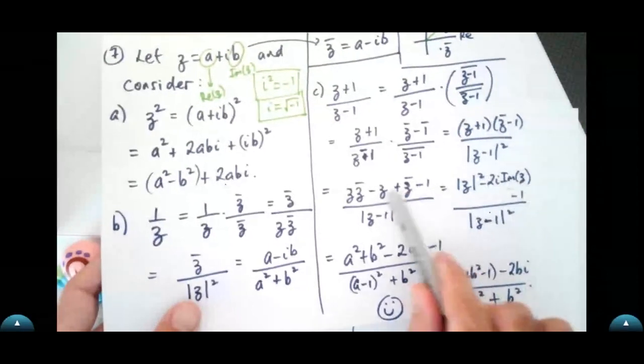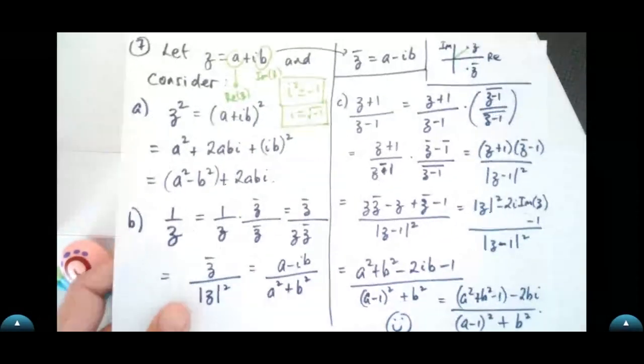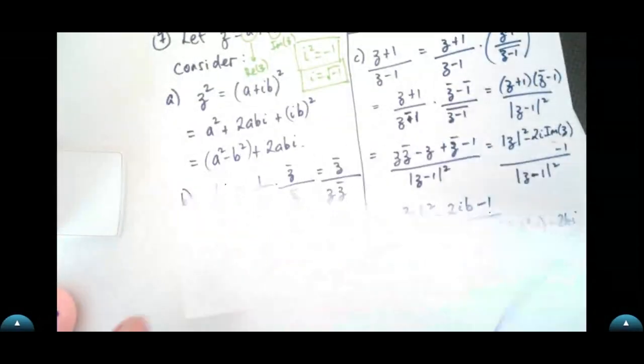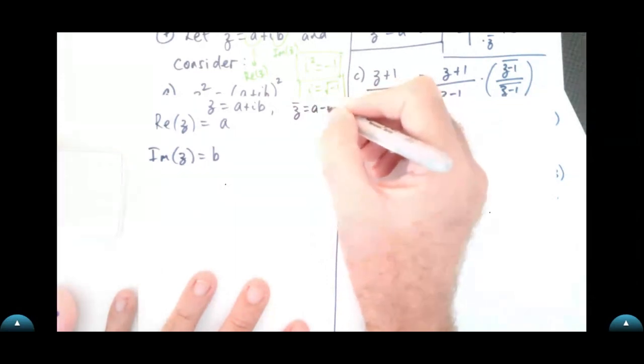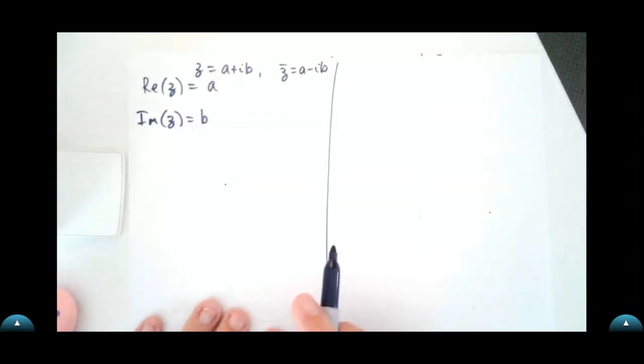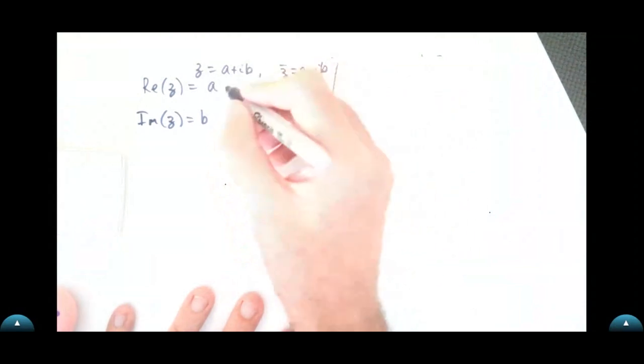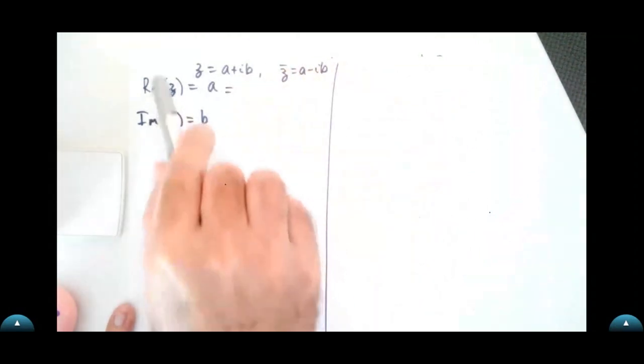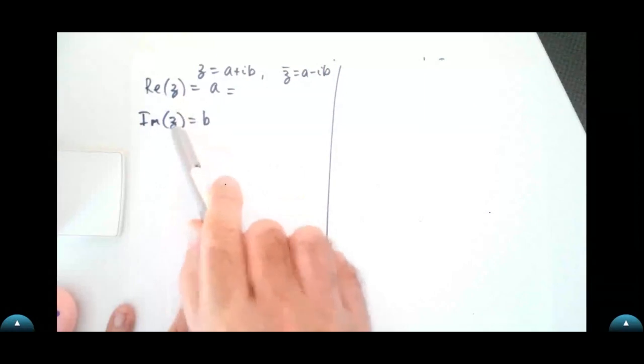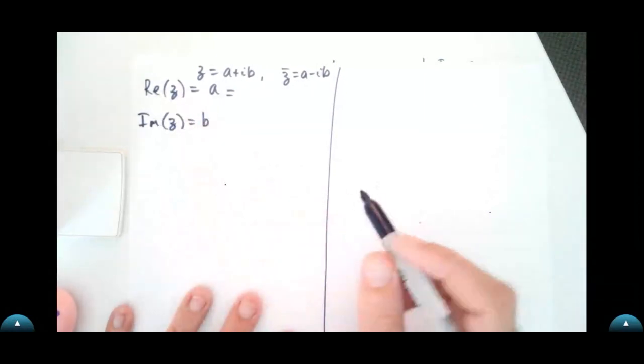And a formula like this gives you a relationship between the conjugate and the complex number. So I put these two things in the previous slide. Let's work out how we can build some formulas for real Z and imaginary Z, the real part and the imaginary part.